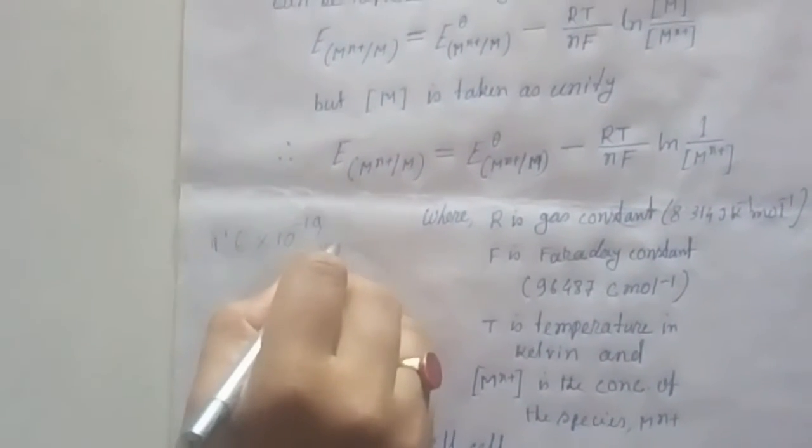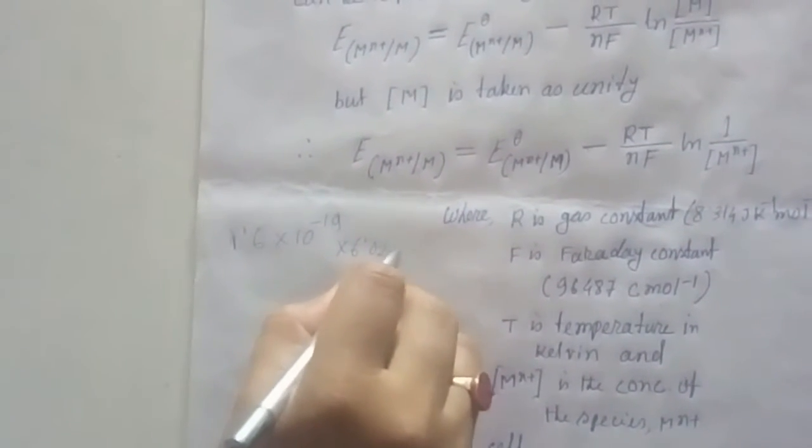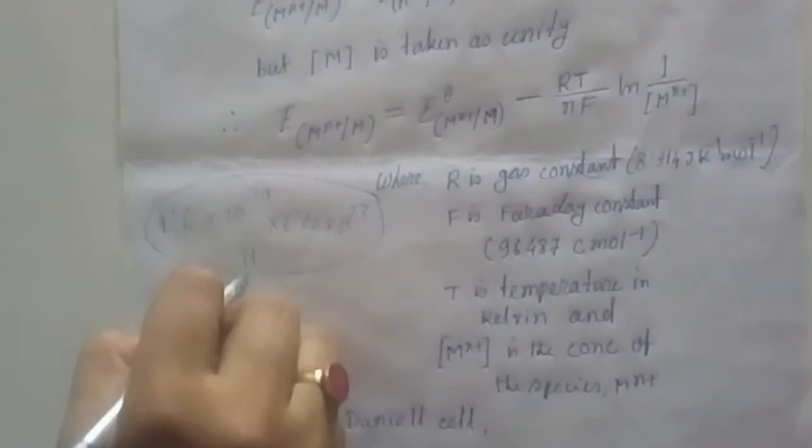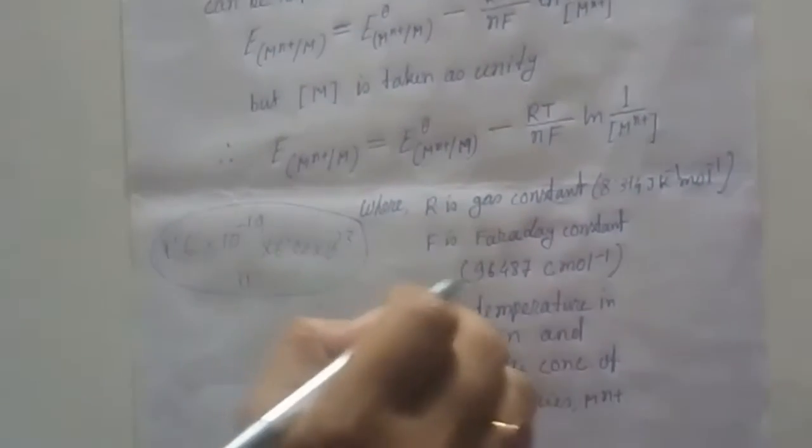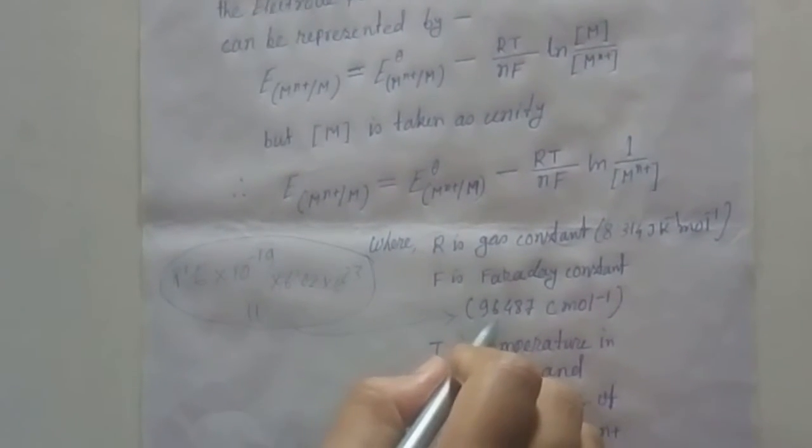Now if we multiply it by 6.02 × 10^23, then this will be the charge of 1 mole of electrons, and that exactly comes to 96487 coulomb per mole, and roughly for our calculation purposes we can take it as 96500 coulomb per mole.